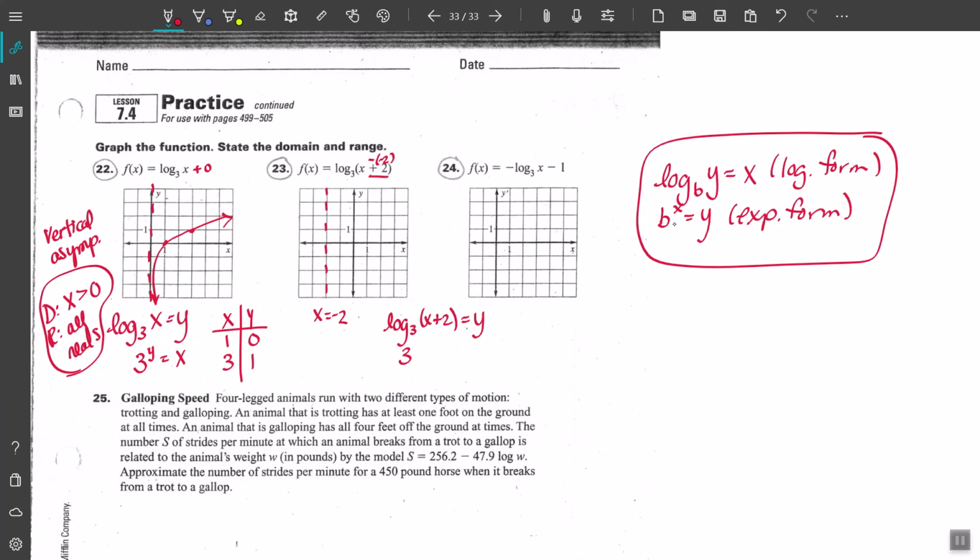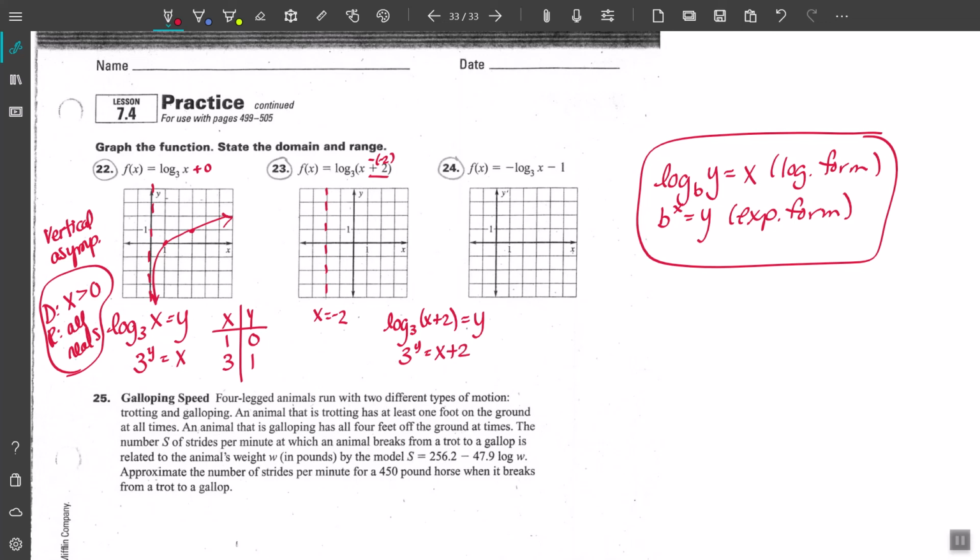So I'm going to write that. My x, the thing that this all equals, in this case is y, again, just like the previous problem. And it's going to equal the y in the problem. So in the pattern right here, my y is this x plus 2. So this should read 3 to the y equals x plus 2.